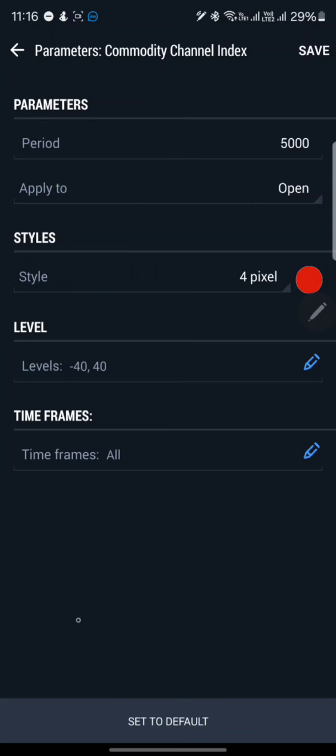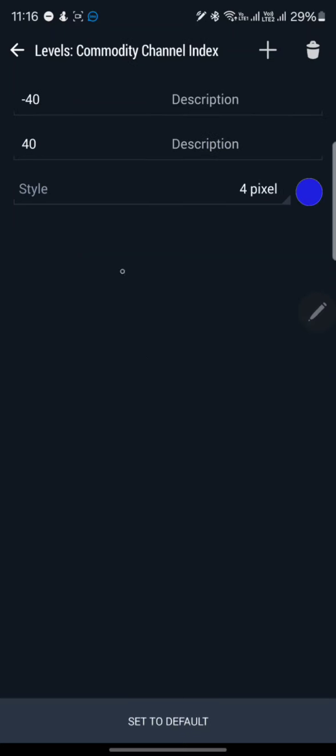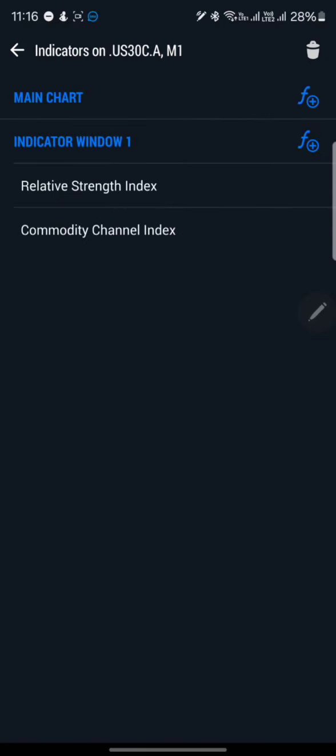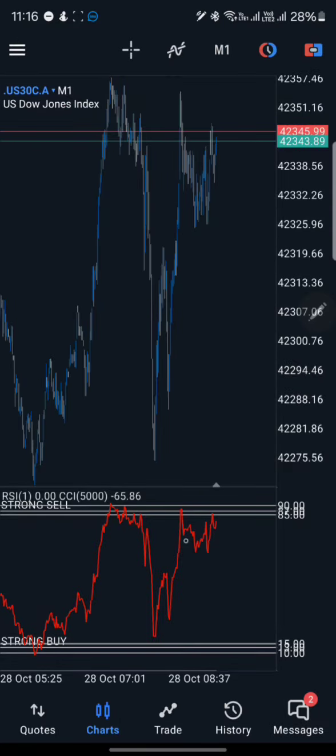This is the line in the indicator window 1 that scribbles at the bottom that I showed you guys. Mine is red, you can make it any color of your choice. And then the levels, we're just going to have -40 and 40, and again any color of your choice. Once that's done, you just click on done, and you will be ready to go with the strategy that I've just explained. Really easy, really simple strategy.